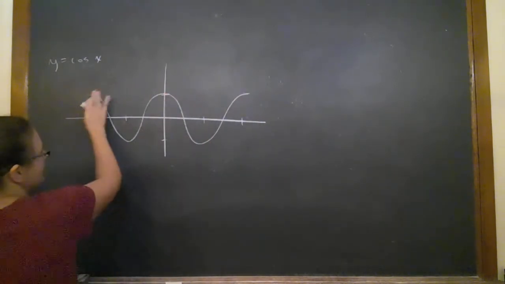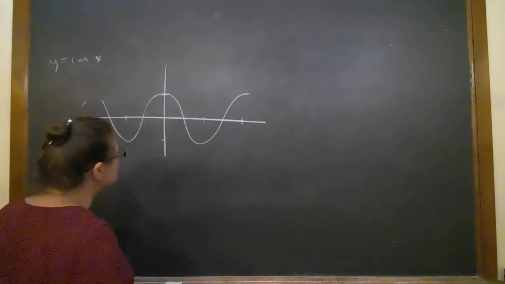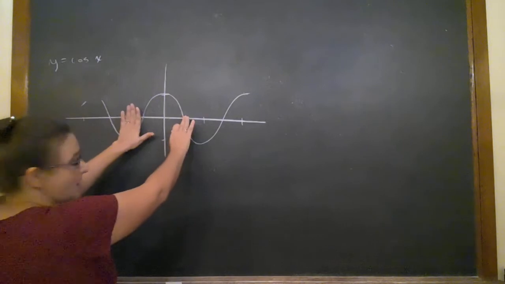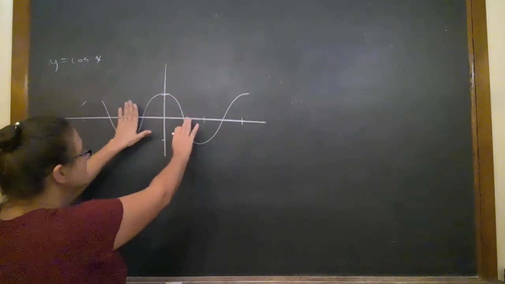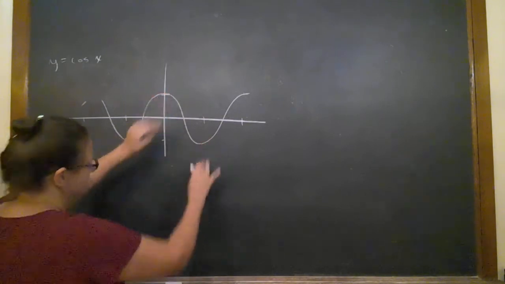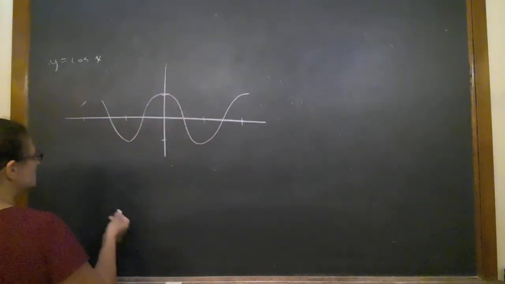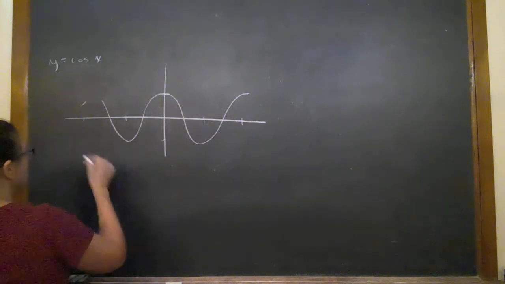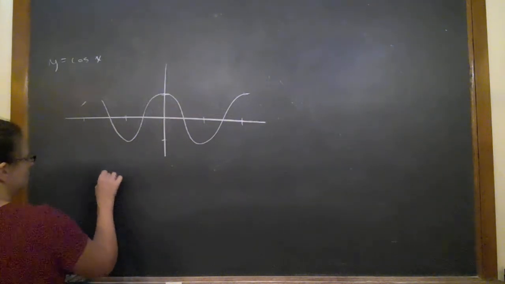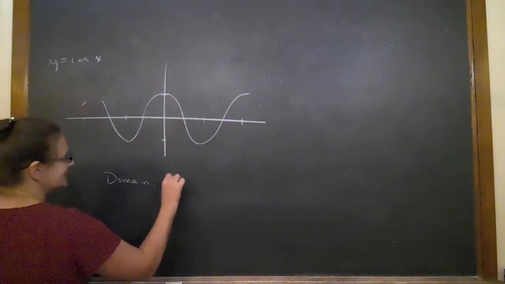Looks like this, very bad picture. For cosine, I can't use minus pi over 2 to pi over 2 because it's not going to be one-to-one there. I got to move over. So the convention for inverse cosine is that we take cosine and we restrict the domain to 0 to pi.